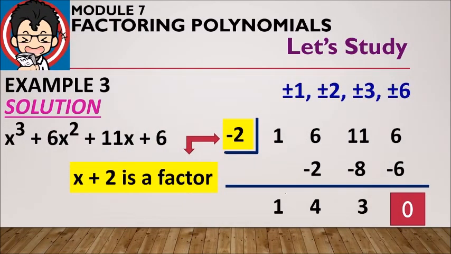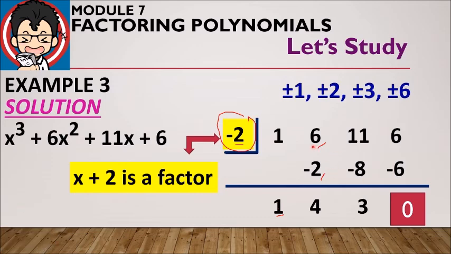Now, it turned out na, ayun na nga, pag gumamit tayo ng negative 2, magzi-zero yung ating factor. So, double check natin. Bring down 1, times negative 2, we get negative 2, then 6 minus 2, gamit tayo ng laser.